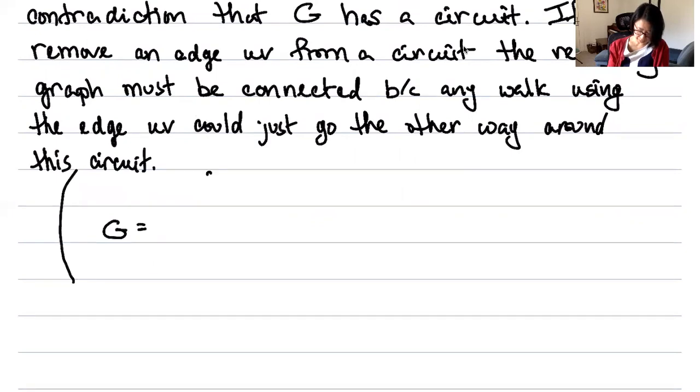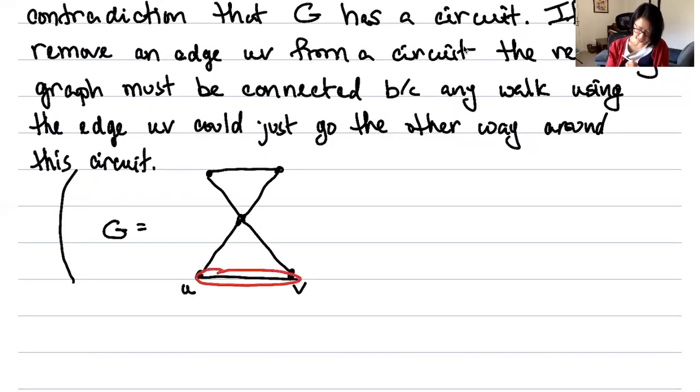For example, suppose I had a graph, maybe the graph looks like this hourglass, and this is my edge UV. If I take this edge out and I have a walk between two vertices that uses that edge, like suppose I were walking from U to, I don't know, this vertex W over here.